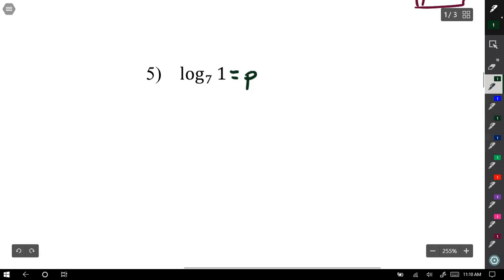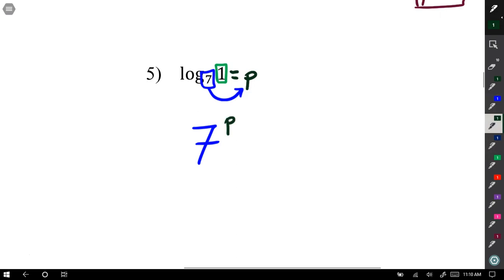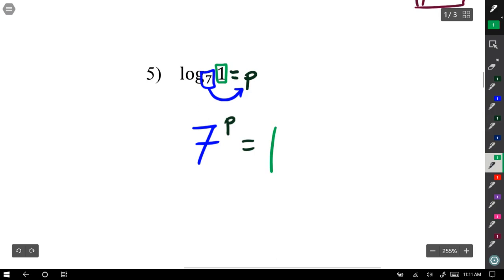Well, let's try the conversion. 7 is my base, 1 is my number. My base attaches to the power. What power of 7, right there, 7 to some power, equals 1? Well, 7 to the first is 7. 7 squared is 49. That's going the wrong direction.